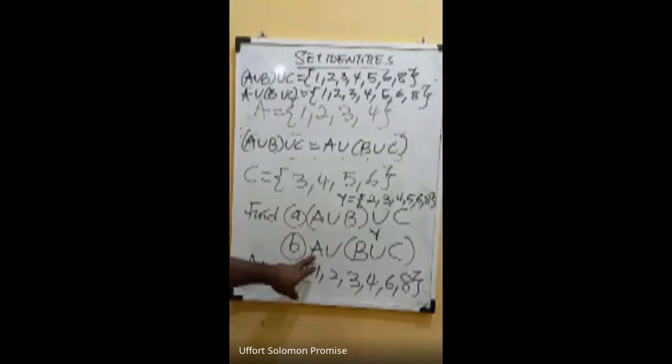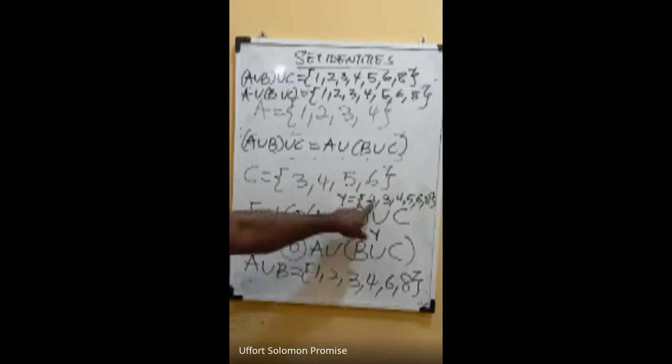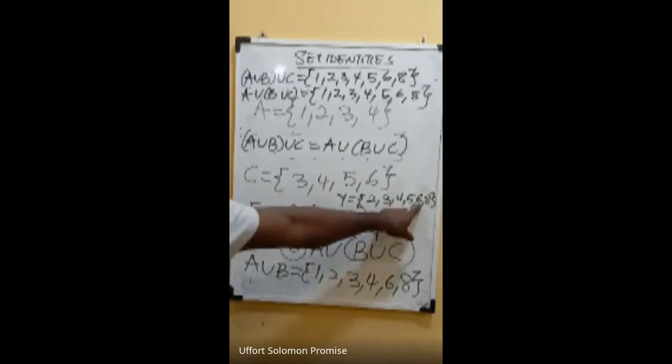So it says A union bracket B union C. You are told to find the union between B and C. B is 2, 4, 6, 8. When we found the union between B and C, what we had was Y here, which is 2, 3, 4, 5, 6, 8.